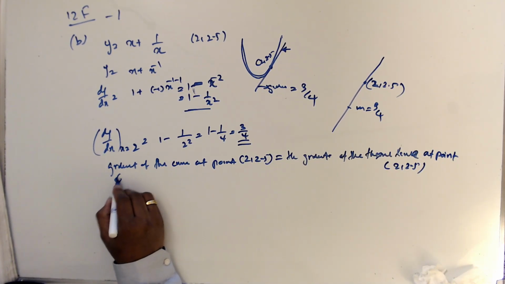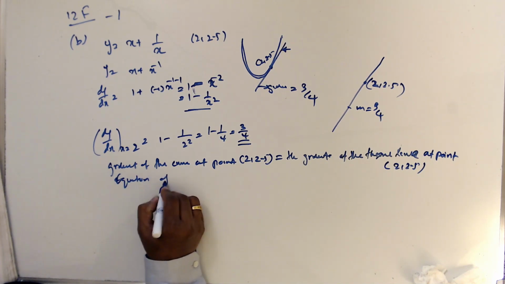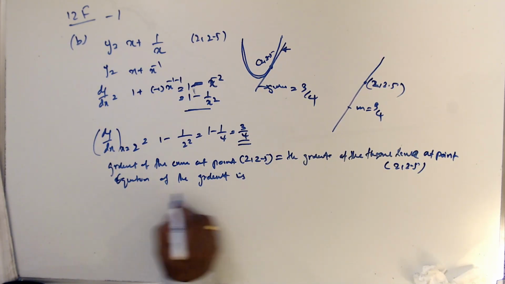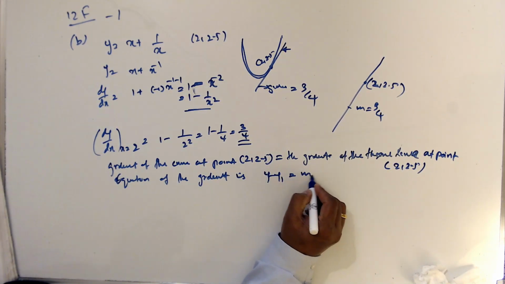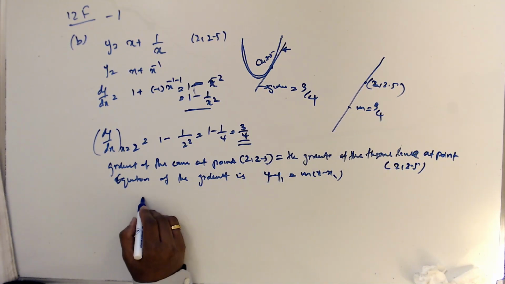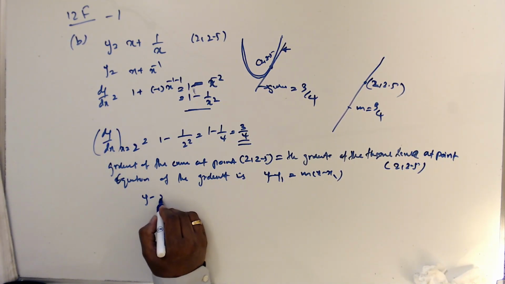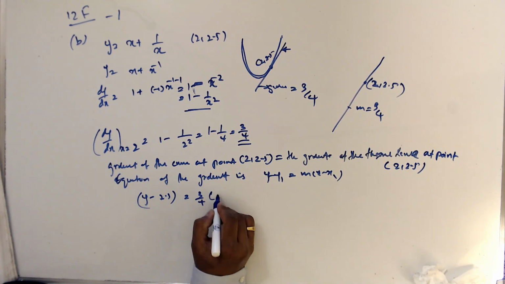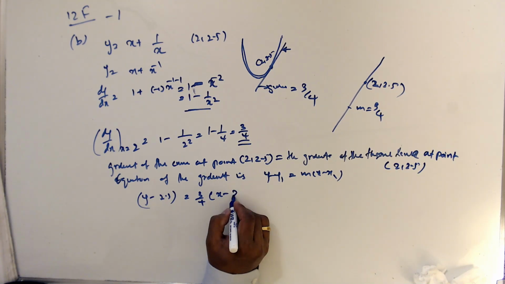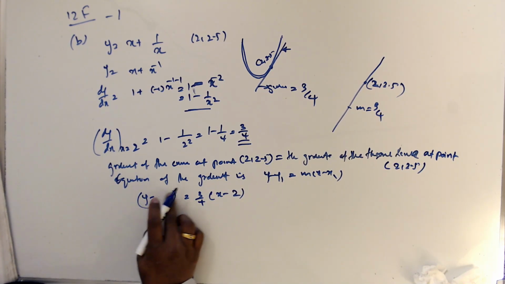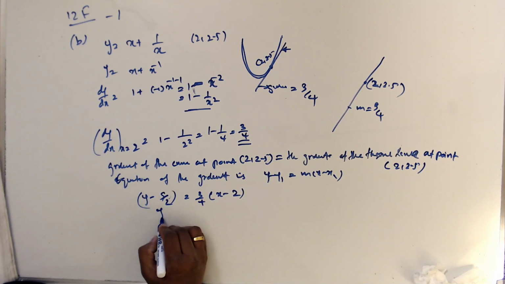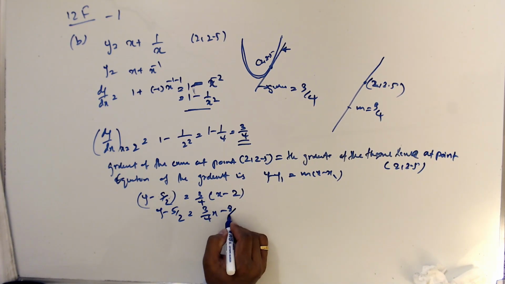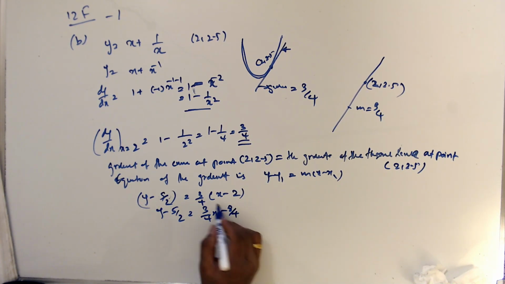The equation of the tangent is y minus y1 equals m times x minus x1. So y minus 2.5, written as 5 over 2, equals 3 over 4 times x minus 2, which is 3 over 4 x minus 6 over 4.